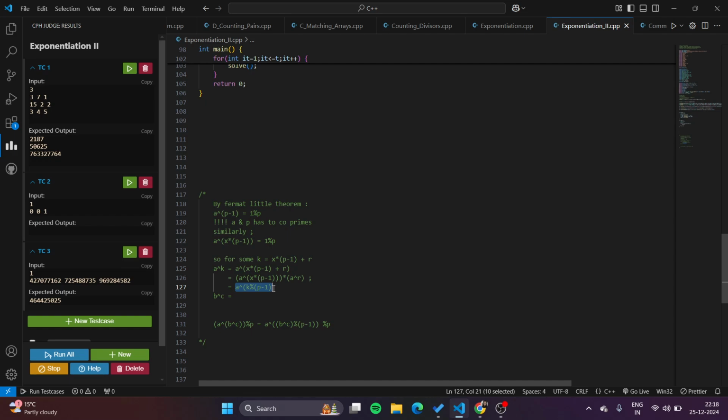That's what I'm trying to say, as b raised to power c modulo p minus 1. You might even think that the way I've written it, it should be b, c raised to the power something. I'm trying to write this, by the way, the k is b raised to power c. I'm sorry if that confused you.